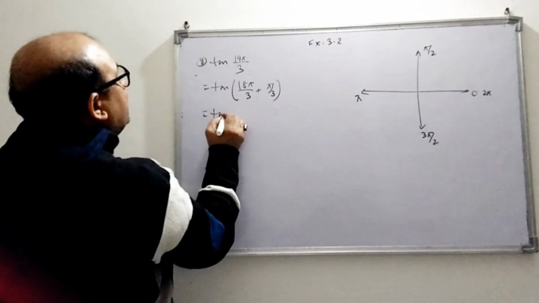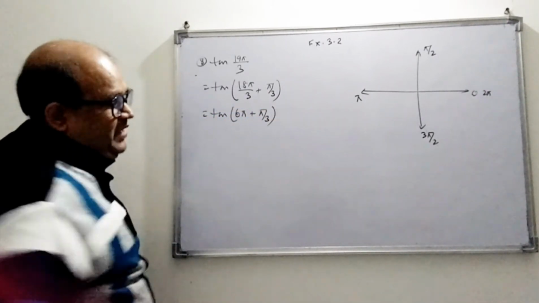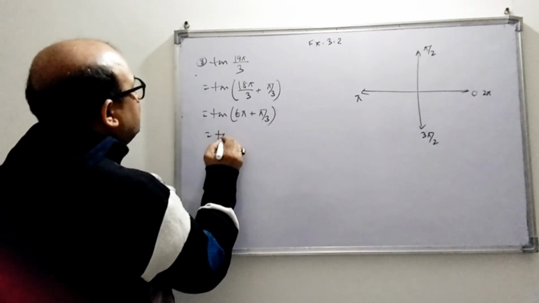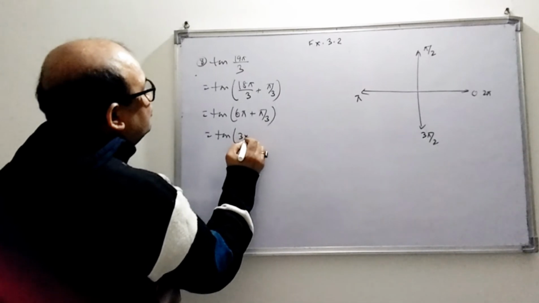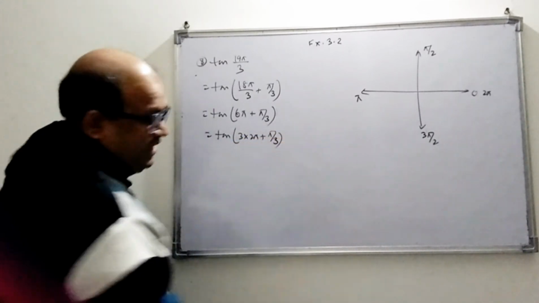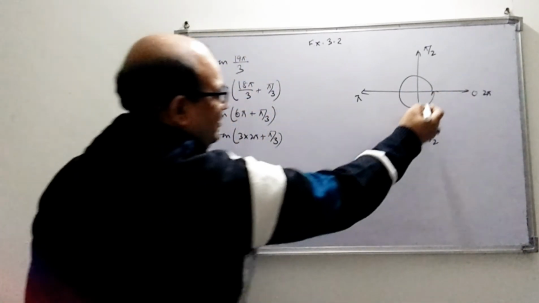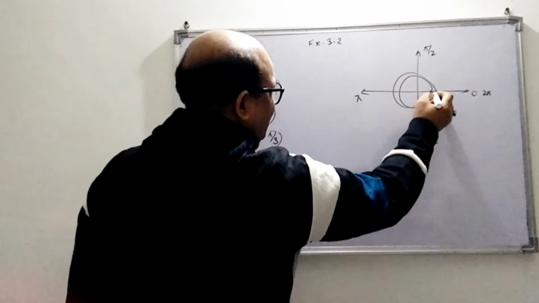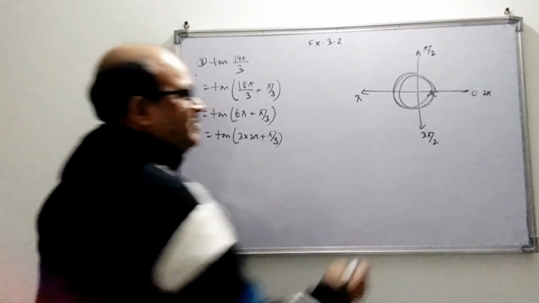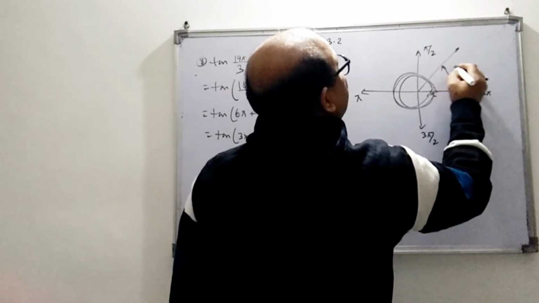That gives you tan of 6 pi plus pi by 3. 6 pi is 3 into 2 pi: once 2 pi, twice 2 pi, and 3 times 2 pi, plus pi by 3.